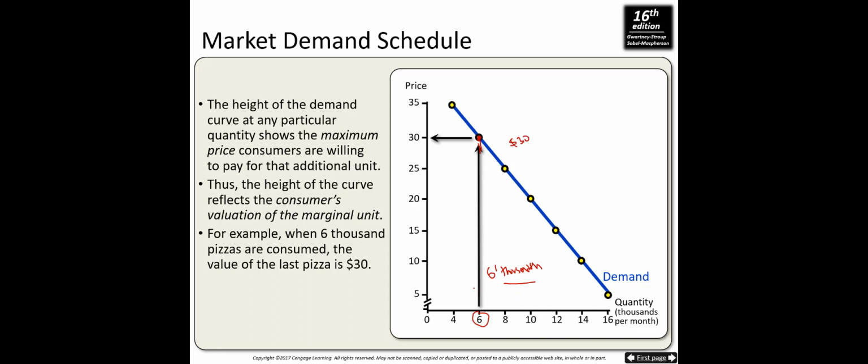Okay. So before that, they might be willing to pay higher, but for this additional pizza, from 5,999 to 6,000 pizzas, they are willing to pay $30. Thus, the height of the curve reflects the consumer's valuation of the marginal unit, this additional unit. For example, when 6,000 pizzas are consumed, the value of the last pizza is $30.